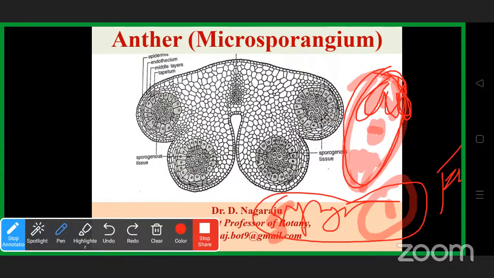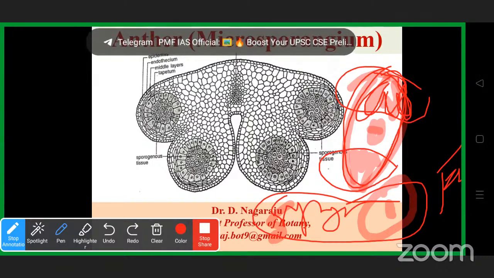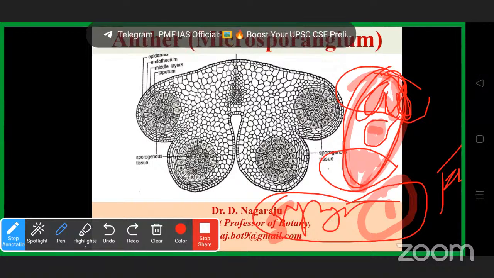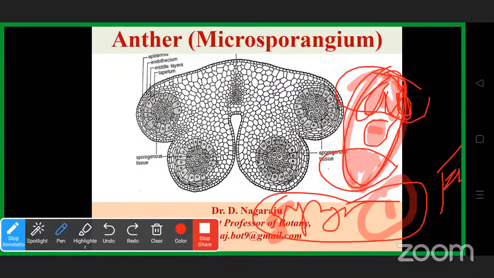You see, the above 3 are called antipodals, the below 3 are called synergids and egg, and the middle 2 are called polar nuclei, also called the secondary nucleus. These are the egg cell, two subsidiary cells, three cells.